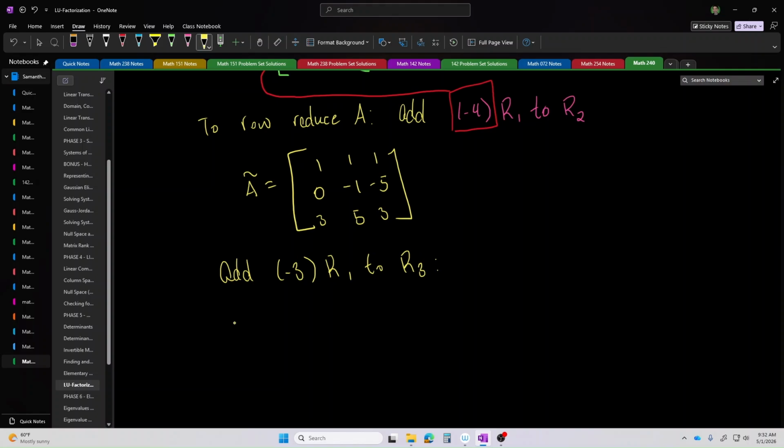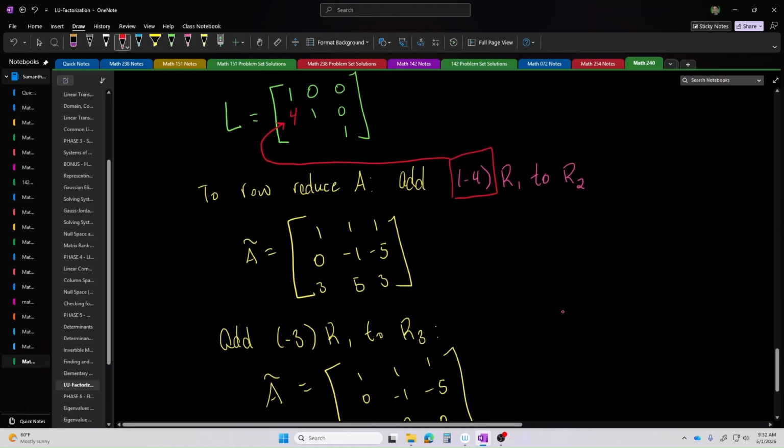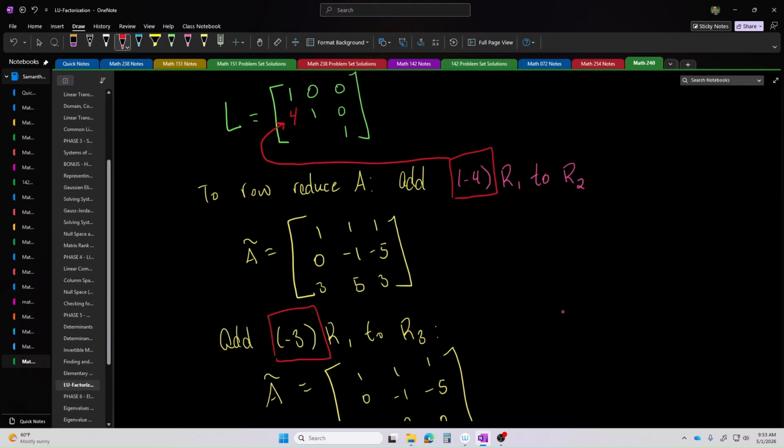I would do that to eliminate the 3 in this third position here. 1, 1, 1, 0, -1, -5, and then 0, and then 2, and then 0 again. Having done that operation, I'm now going to take this value of -3, which I used in this row elimination process, and I'm going to place the opposite of that, +3, inside of L.